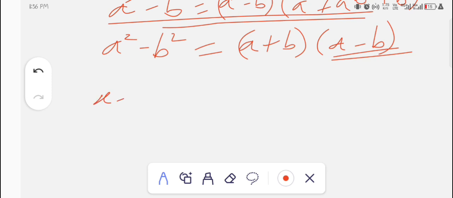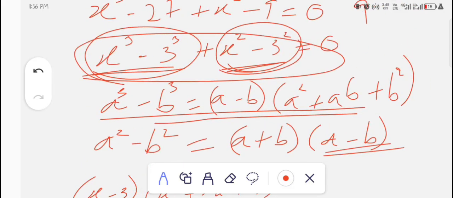x minus 3 multiplying x squared minus 3x. Are we there? Very good. Rather plus 3x, then we have plus 3 squared, right? All right, good. Then we have here as well the difference of two squares.